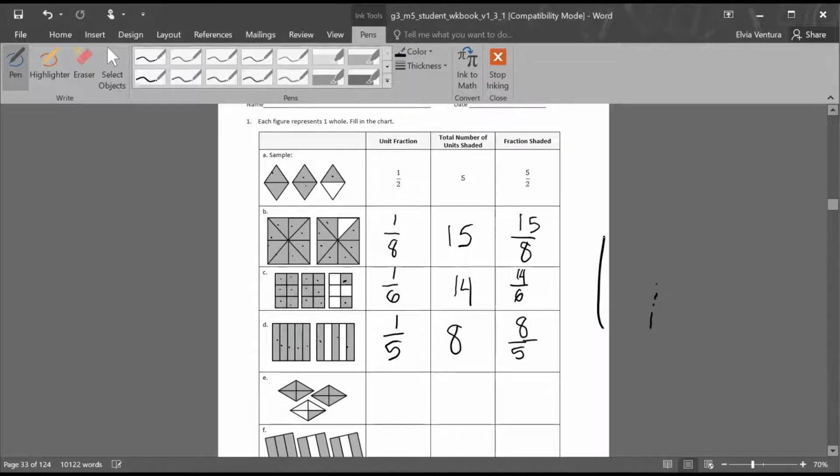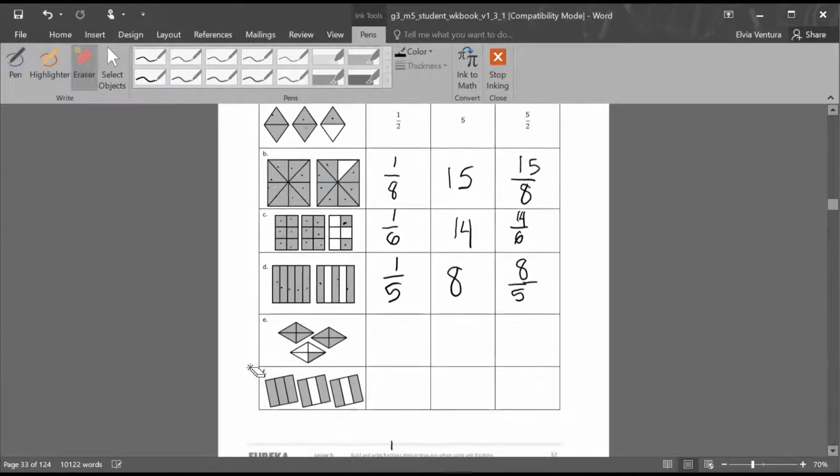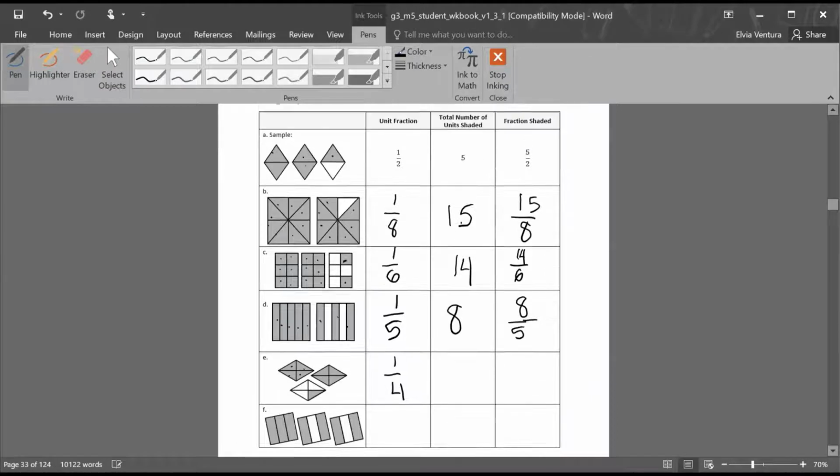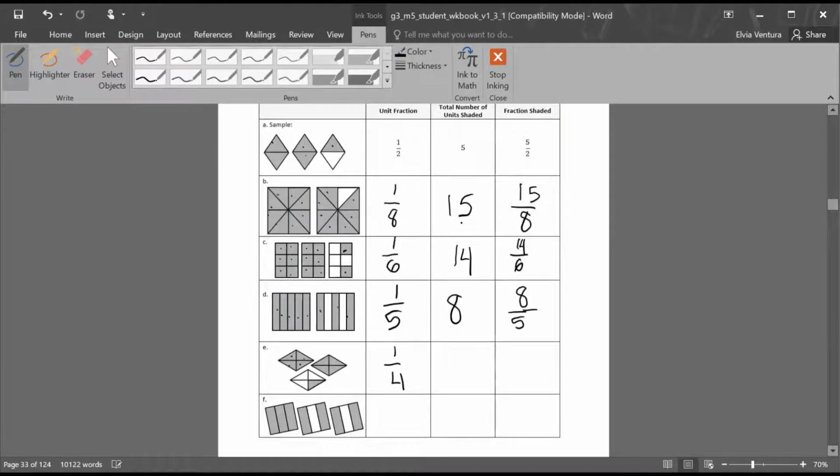Nope, that's not what I wanted. There we go. Okay. Now let's see, it has 1, 2, 3, 4. So this is 1/4. And then the units shaded, total number of units shaded is going to be 1, 2, 3, 4, 5, 6, 7, 8, 9. 9.